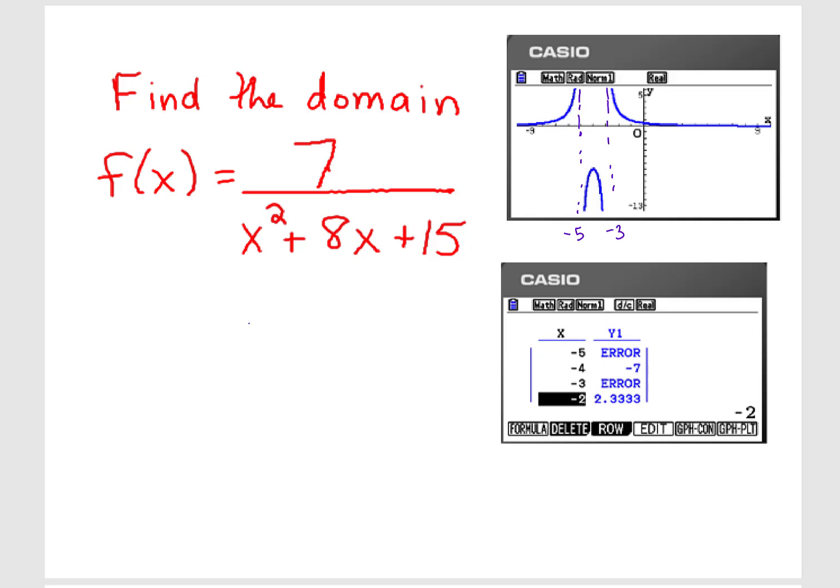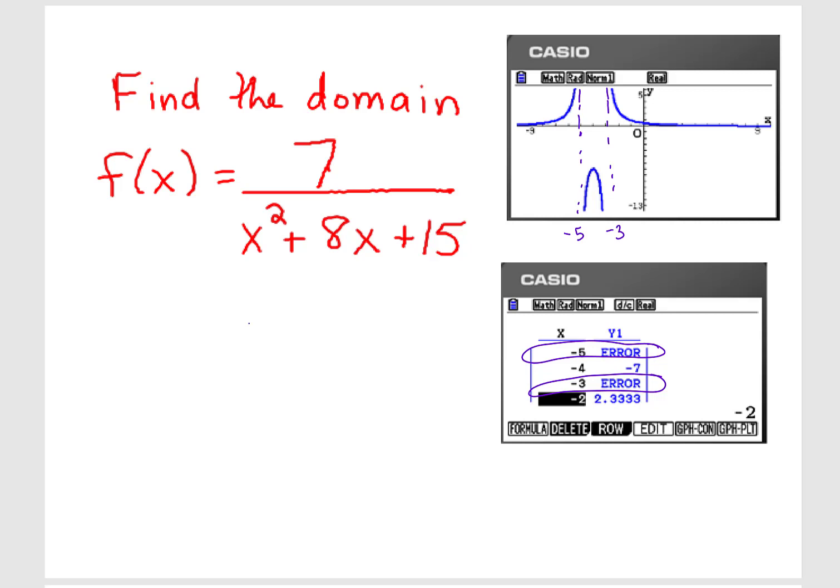That's just my eyes, right? I'm not going to trust it from the graph. What I can do, though, is go to my table and see, okay, for my outputs there, do I get error? And the reason it gives me an error is because, remember, we cannot have 0 in the denominator. And so what it's saying is, if I put negative 5 in for my x, or negative 3, in this case we have 2 of them, then I cannot have an output because it would be undefined.